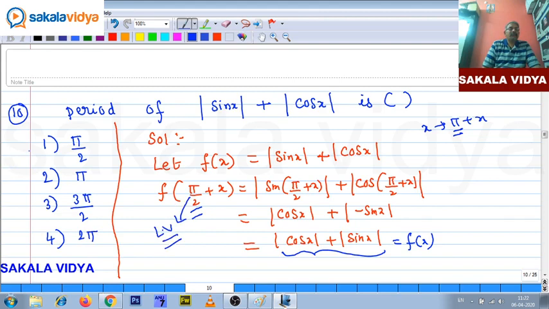So that's why pi by 2 is our answer, first option. Okay, Madhurima, correct. Hello, Sakala Vidya.